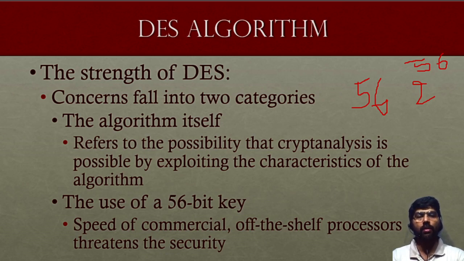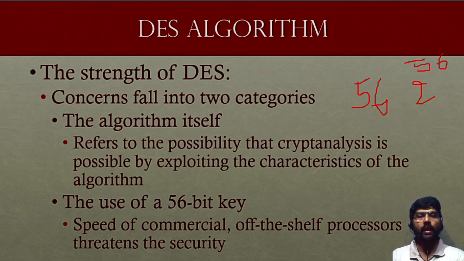This machine was built for a modest amount, about $250,000. The attack took about 3 days to crack the code. And one more point is that the EFF published a detailed description of the machine, enabling users to build their own crackers. So everybody has the means to crack DES.